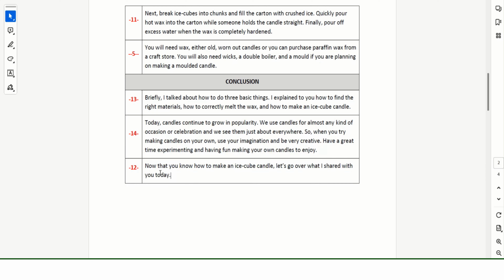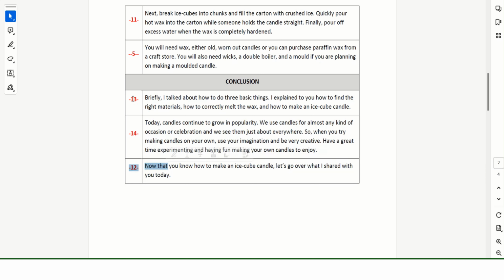This is the indicator, the word "now." So now that you know how to make an ice cube candle, let's go over what I shared with you today. So you did mention that you have shared something. What are the things? That will be the keywords. So that is the reason why this is number 12.